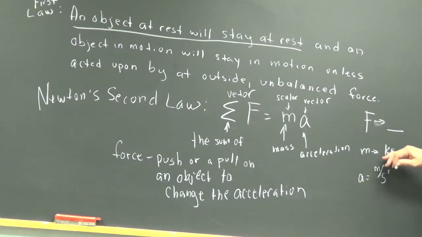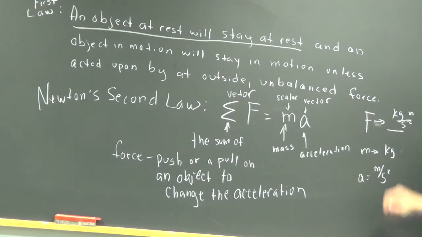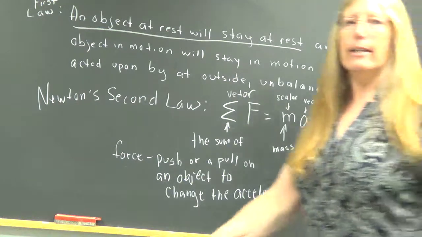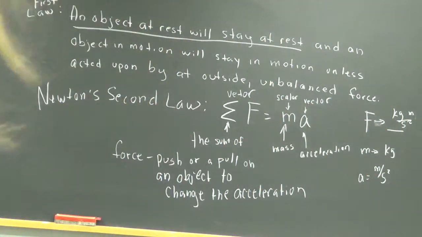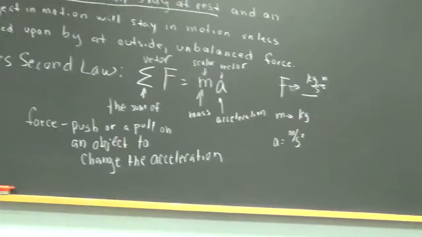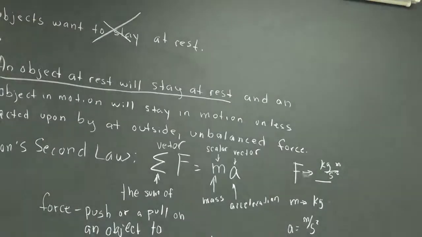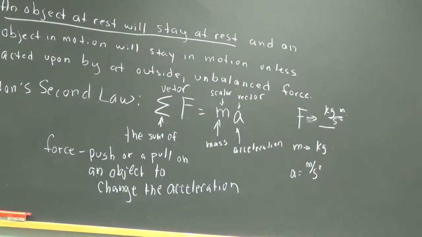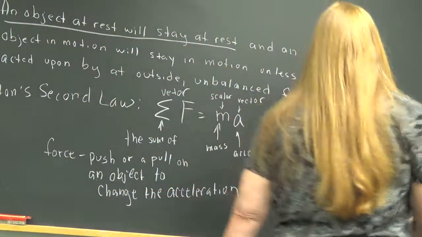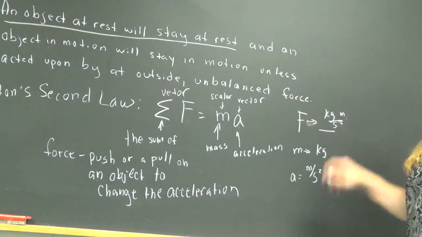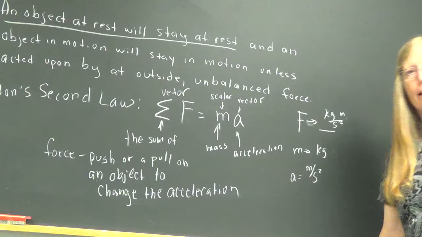So if I multiply these two together, I get kilogram meters per second squared. Kilograms and meters are in the numerator, and second squared is in the denominator. So this is our unit for force, kilogram meters per second squared.